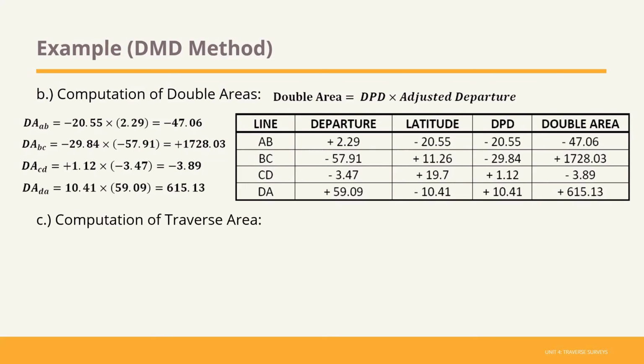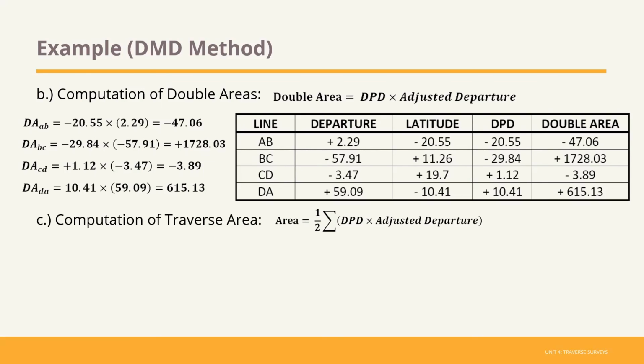And now we'll compute for the area. In computing the area, we'll use the formula area is equal to 1/2 multiplied by the summation of DPD times the adjusted departure, or simply the summation of the double area.